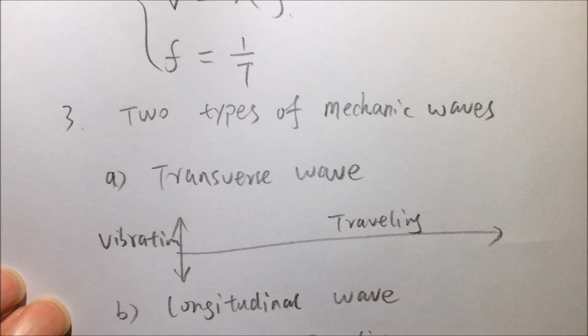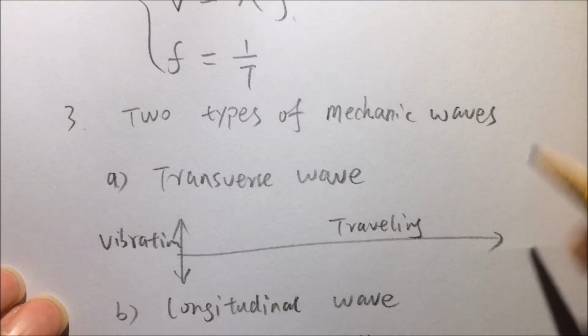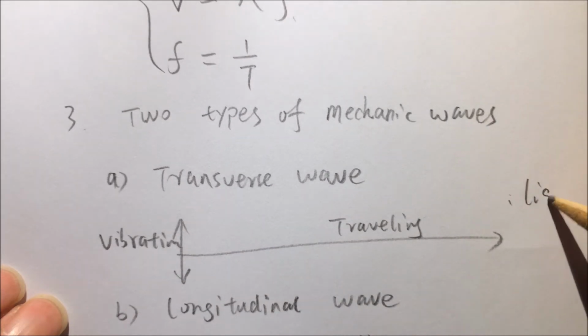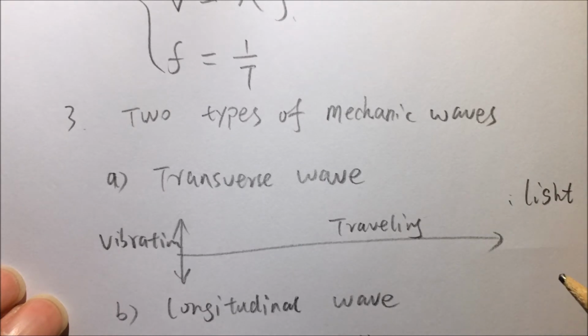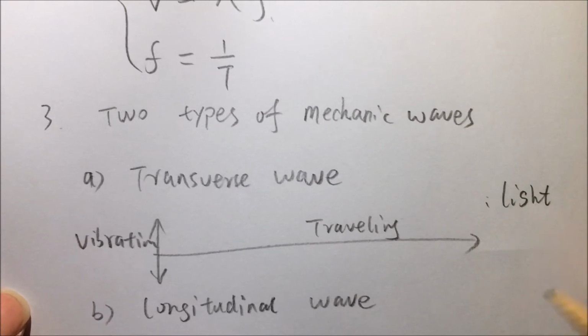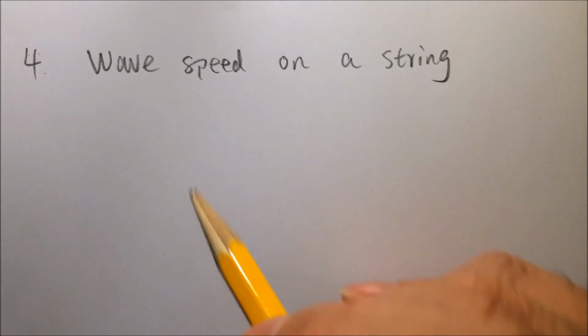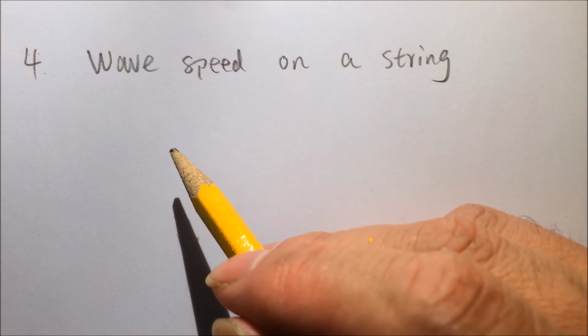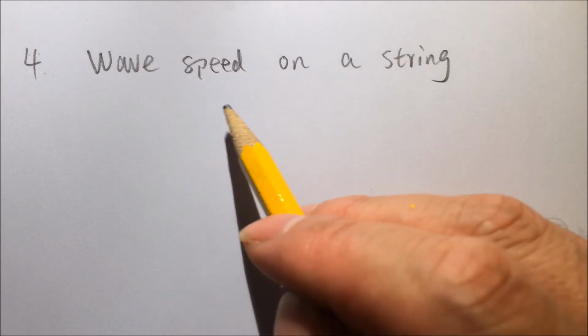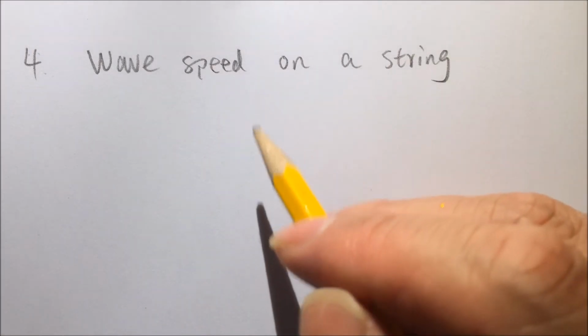So that's called a longitudinal wave. For example, for transverse wave, the light is a transverse wave. Longitudinal wave, sound, is a longitudinal wave.